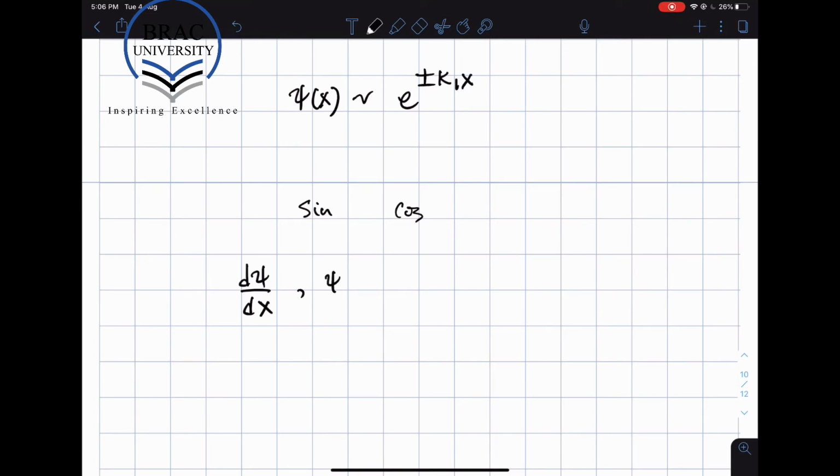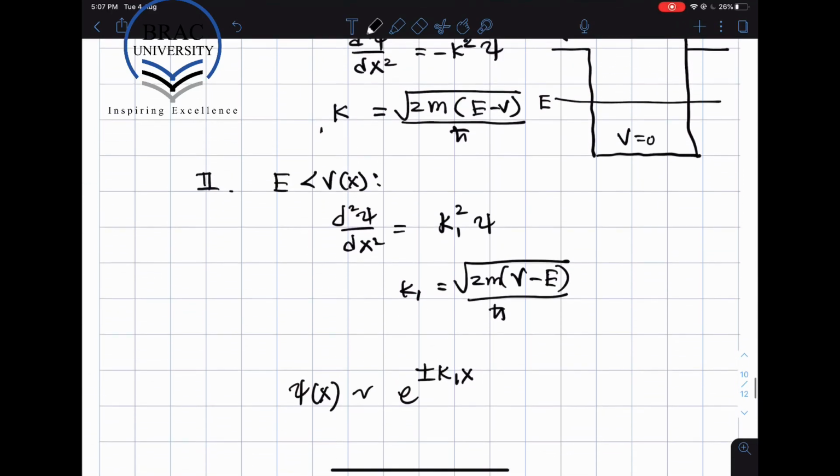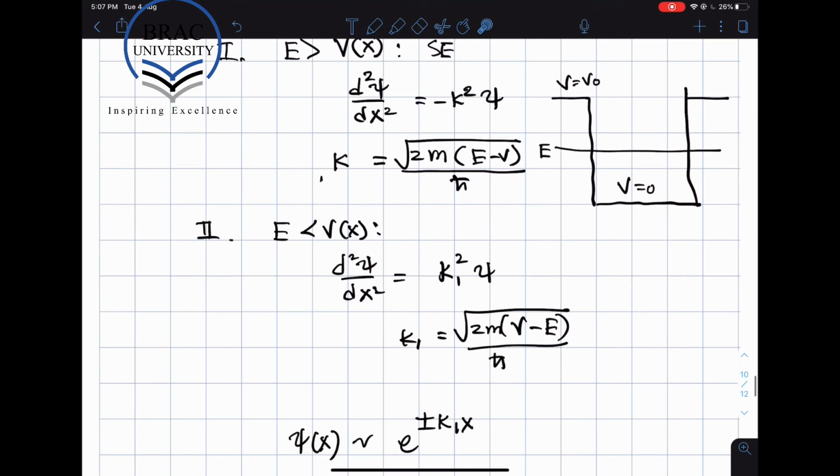So these are continuity conditions that we have to match across boundaries, or wherever the potential changes. So this is a point where there's a boundary. We have to make sure that the wave function and its first derivative match across these boundary points.